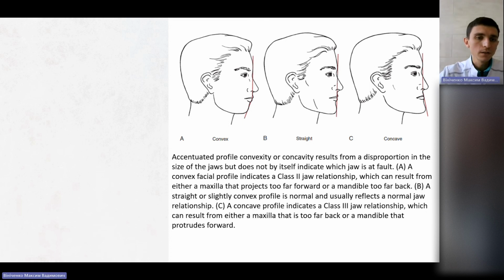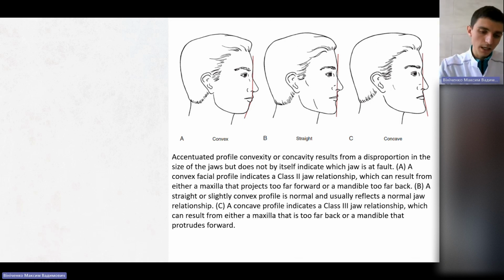Why do I say usually? Because there could be a patient with a straight profile, a good straight profile, but when this patient smiles, we see, for example, a class 2 pathology. But it is compensated. For example, the lower lip has a big size and the upper lip a small size, but the patient has a good straight profile, while by dental classification it is class 2.